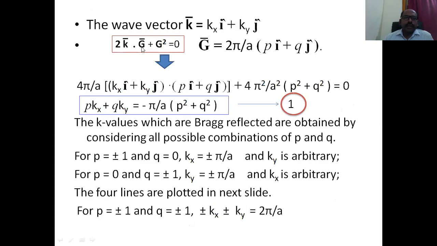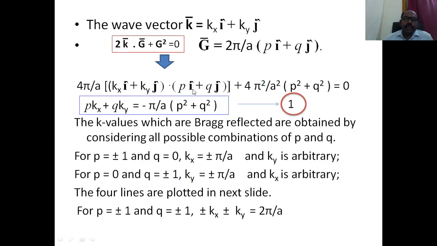It is the dot product of two vectors, and 2 pi by a into 2 is there. Therefore we get 4 pi by a, k vector dot g vector, plus g square is equal to 0. Since it is the dot product of vectors, i dot i is equal to 1 and i dot j is equal to 0.